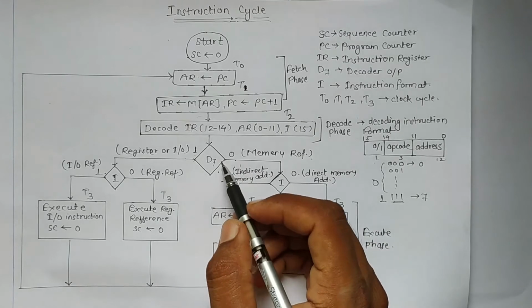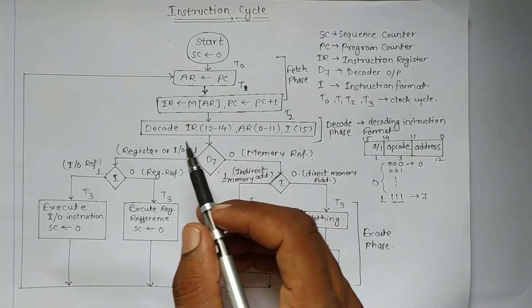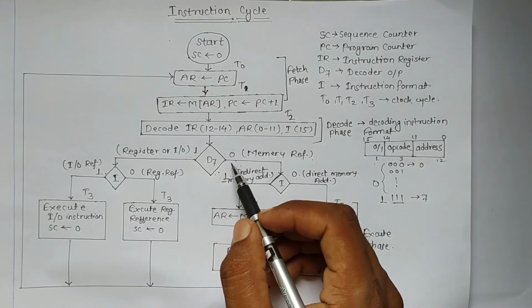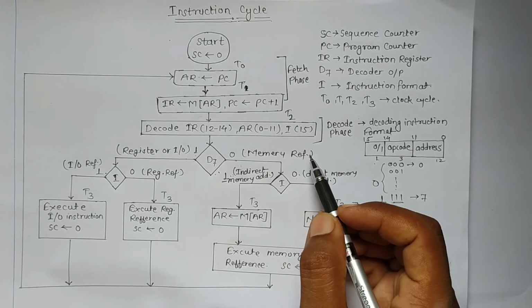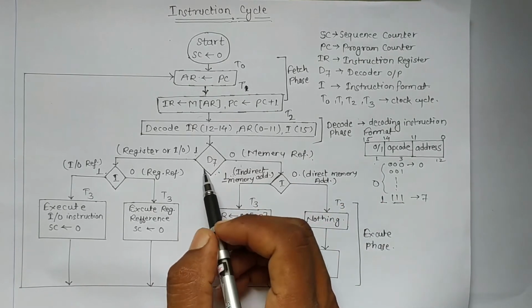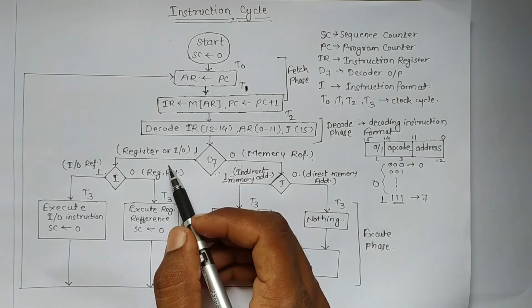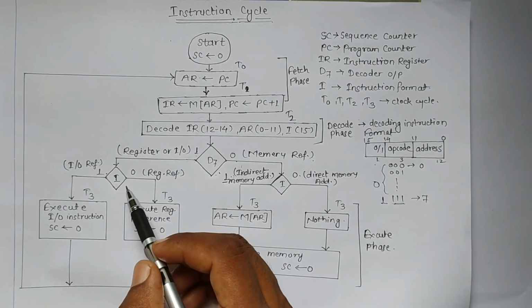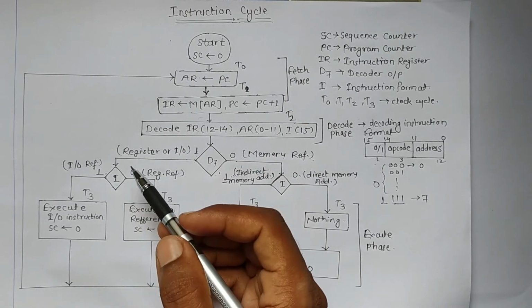If the value of D7 is 1, that means the instruction is a register or IO reference. If the value of D7 is 0, that means the instruction is a memory reference. Let the value of D7 be 1, then the instruction is a register or IO reference. Now the addressing mode decides what kind of instruction it is.